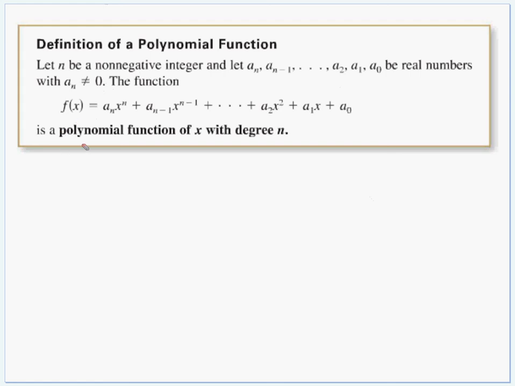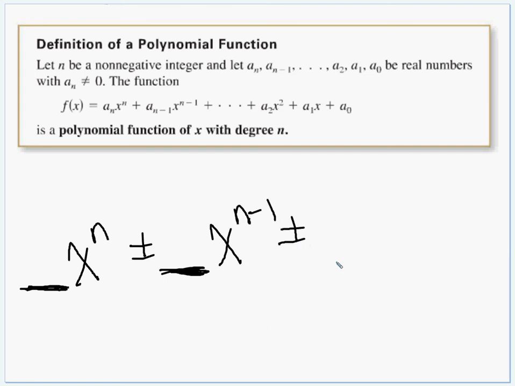And then that is the definition of a polynomial function of x of degree n. Or just a simpler way to think about it, a polynomial is going to be some constant, and then you're going to have x to an exponent, plus or minus some other constant with x maybe to 1 power lower, plus or minus another constant x to 1 power even lower than that, n minus 2. And there could be a whole bunch in there. I'll do dot, dot, dot.